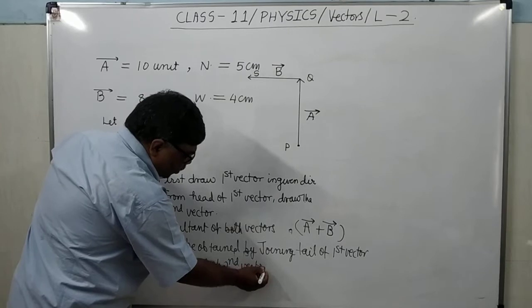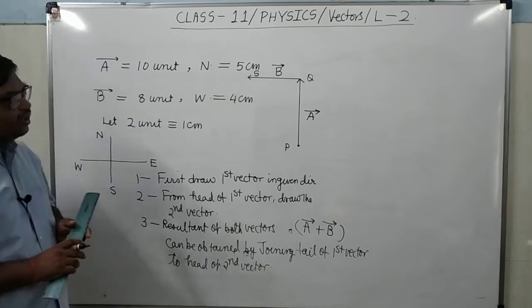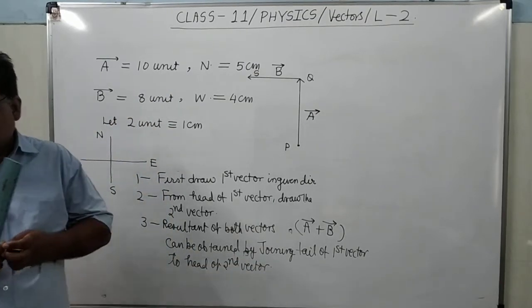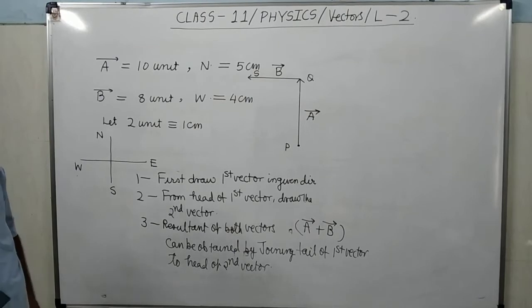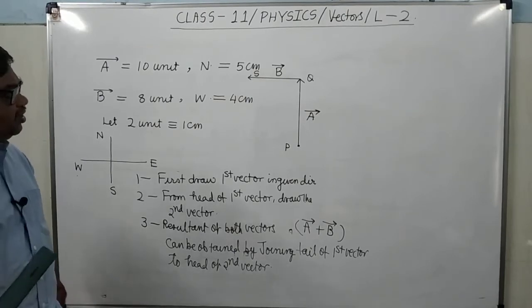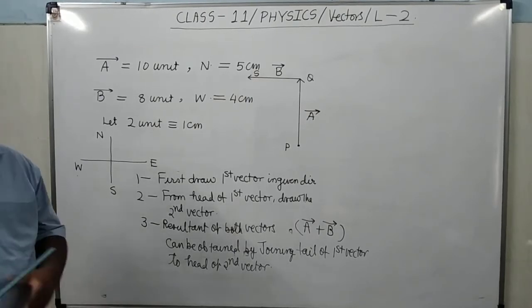Means how will you find the resultant? The resultant can be found by joining the tail of the first vector to the head of the second vector.